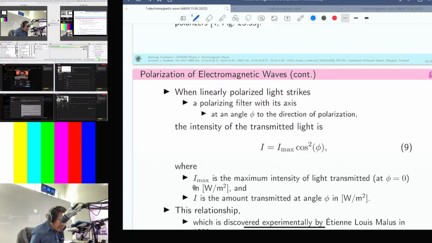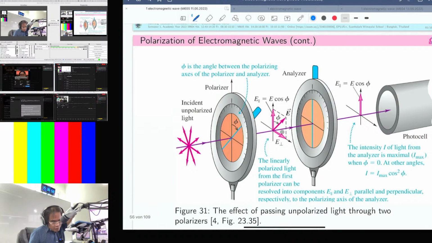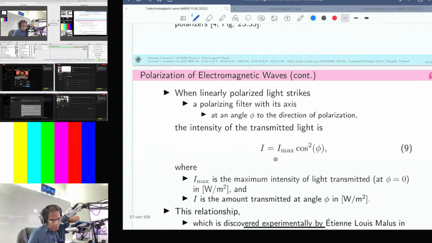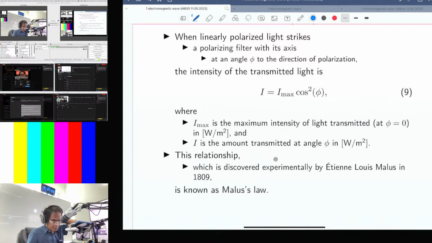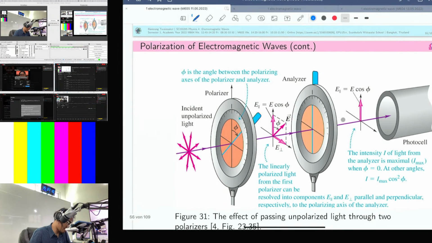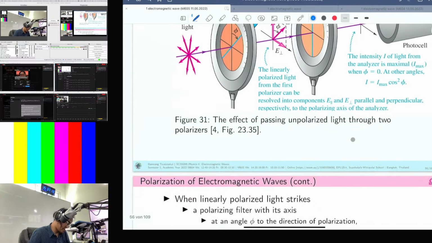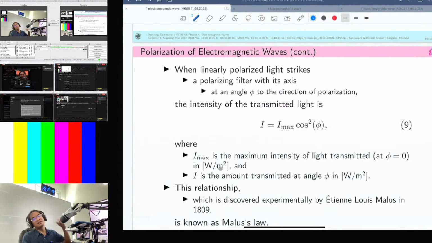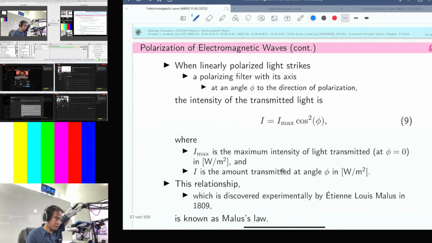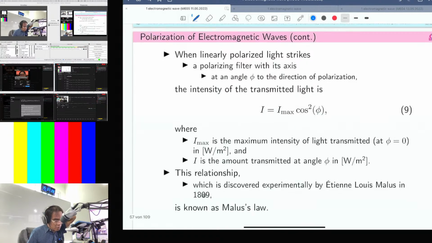I max is the maximum intensity of the light transmitted when you don't have any tilt at all, and the unit of intensity is watt per square meter. And I here is the output, the intensity of the light after propagating through the filter. The unit of I is also watt per square meter. This law is known as Malus's Law.